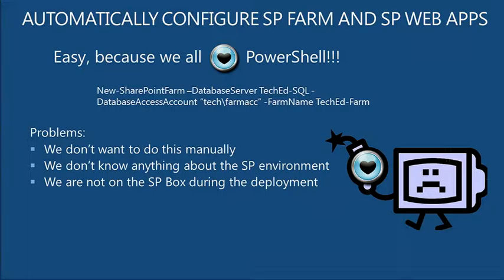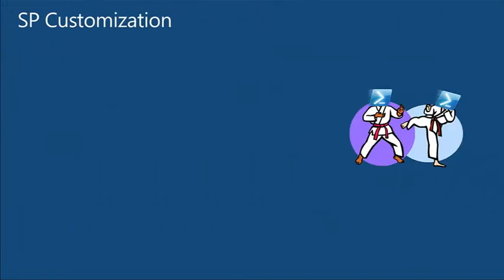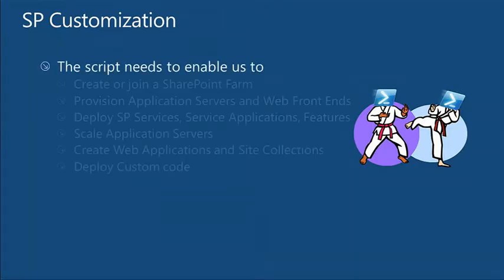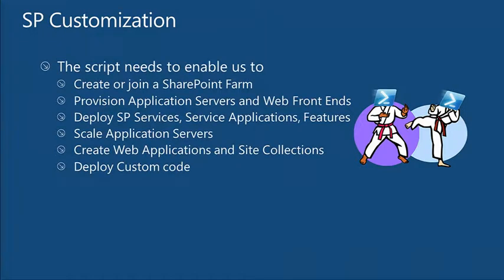But let's talk about the SharePoint configuration first. So we know we need a script. And the script needs to do a lot of things. It needs to create the farm, provision the application servers and the web front end, deploy all the service applications, be able to scale the application server, create the web applications, and all that, and in the end, probably deploy some custom code.